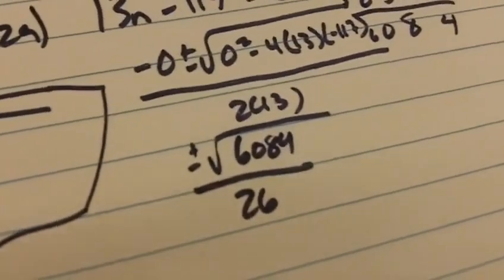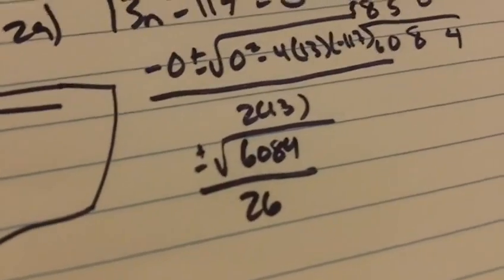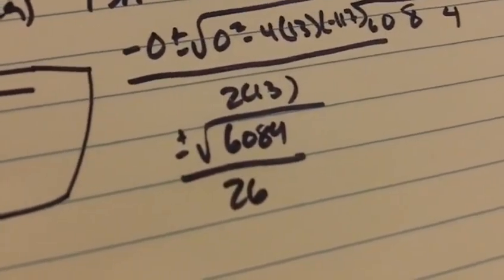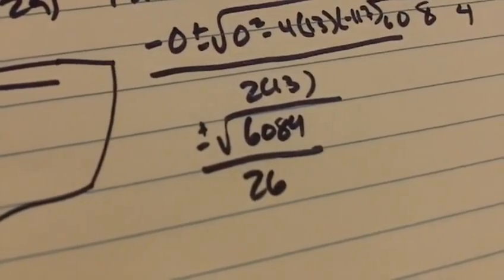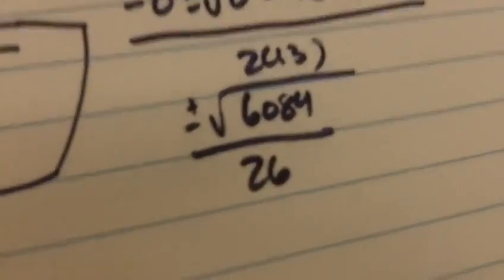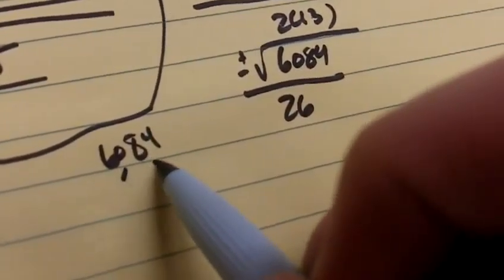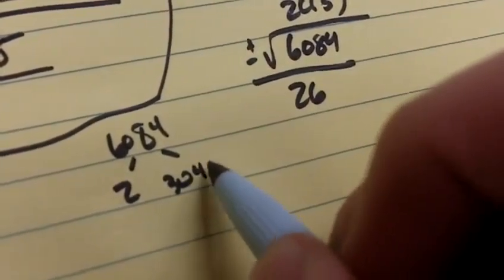The square root of 6084 is going to be, what is that going to be? Let's see. Figuring out the square root of 6084. Well, there's one way to do this if you don't know a square root. You can start making a factor tree. This would be 2 times 3042.